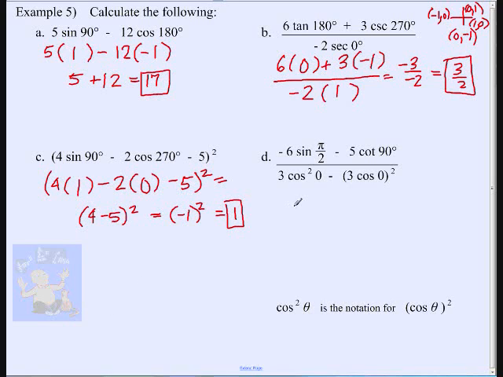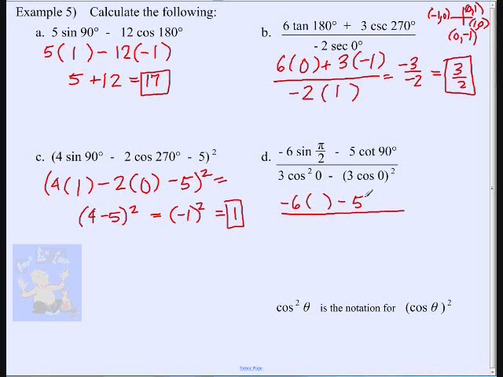All right. Woo! Radians. We know what these represent, right? Pi over 2. If we were going all the way to pi, we'd be here at 180. So half of that puts us at 90 degrees. So we'll have minus 6, and whatever the sine of 90 is, we'll get back to it.